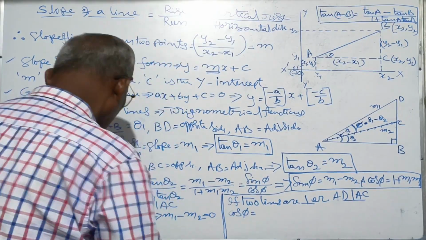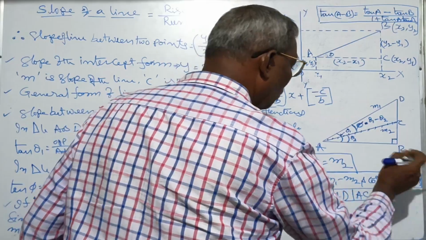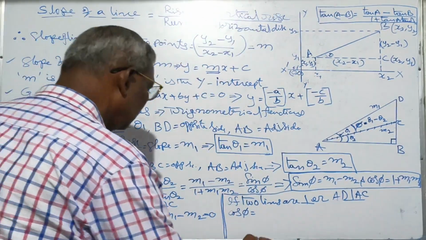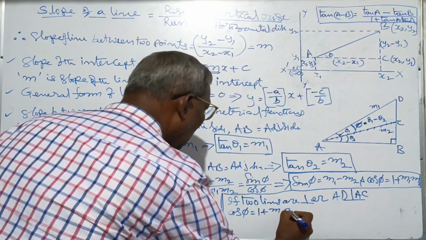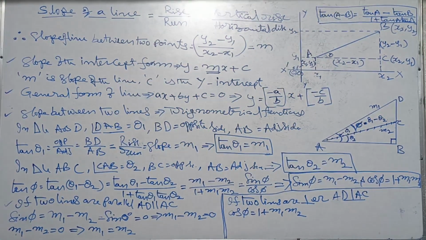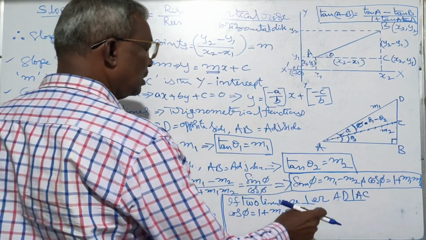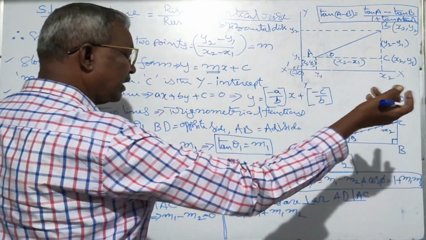Cos pi is equal to 1 plus m1 m2. If both lines are perpendicular, then the angle will become 90 degrees.